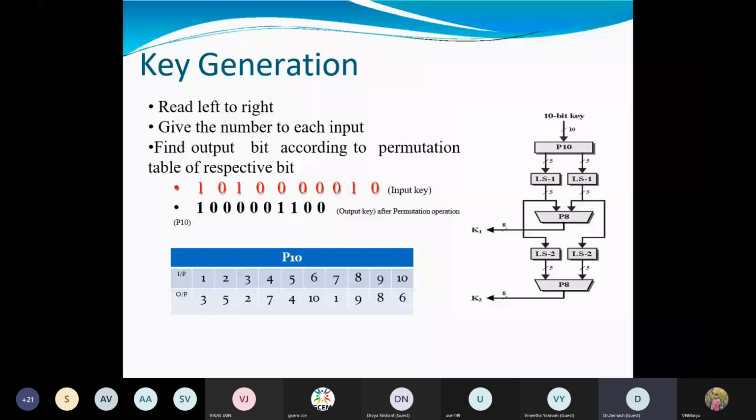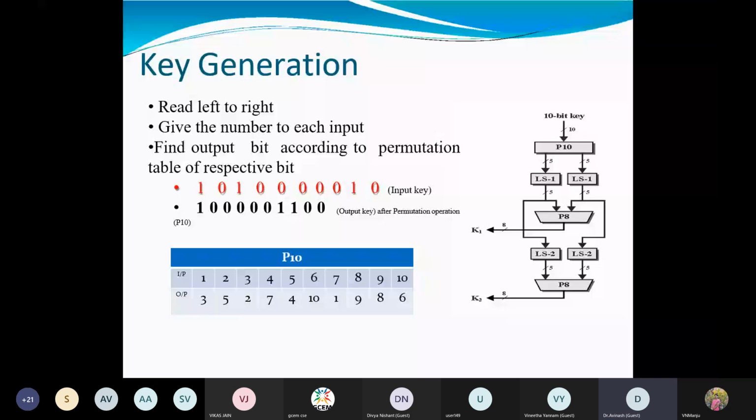You can see that we give a number to each input, and then we find the output according to the permutation tables of the respective bits. So there is an input key, and we obtain the output key after the permutation operation. We apply the algorithm here, which is a 10-bit key algorithm.